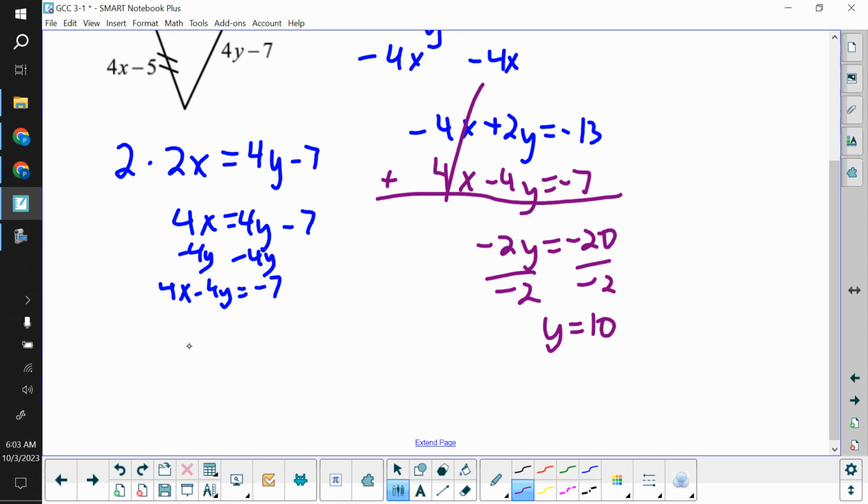Doesn't matter which equation you sub into, I'm going to sub into this one over here. So we'll have 4x minus 4 times 10 equals negative 7. That'll be 4x minus 40 equals negative 7.